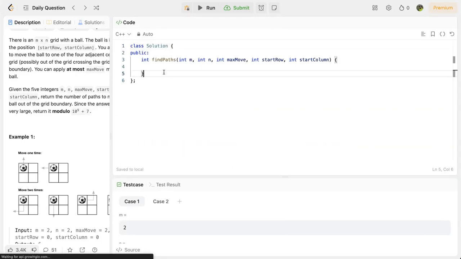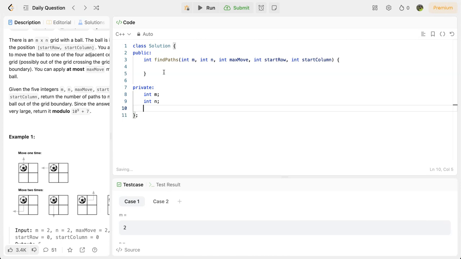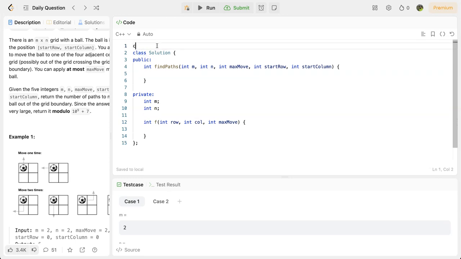So we have m and n. I'm going to define int m and int n as members of the class, not to pass them every time. And I define a function int f, int row, int col, and int max move. And I need some const int mod for the modulo. Here it is, 1,000,000,007.